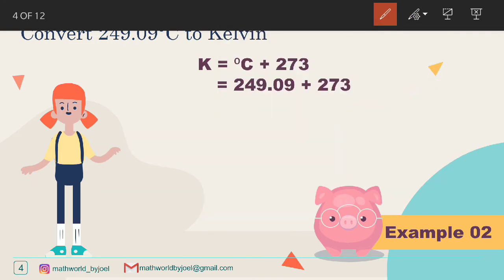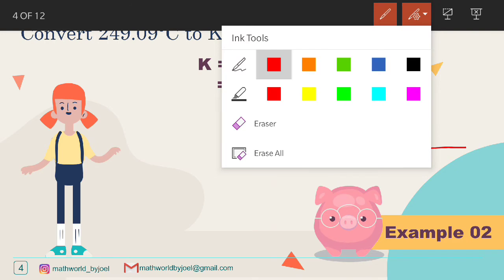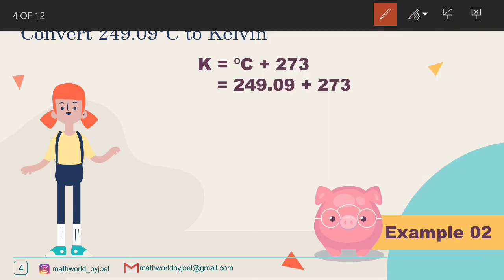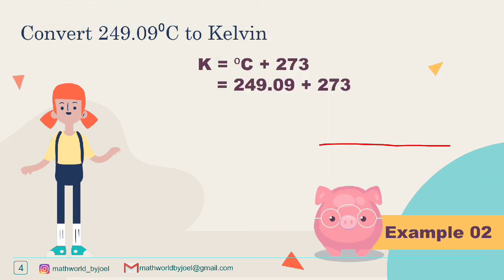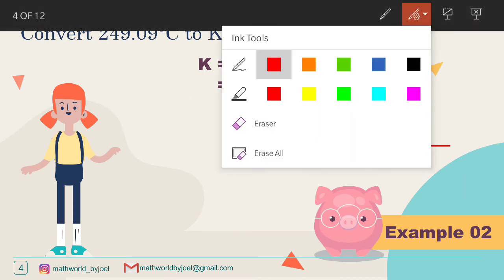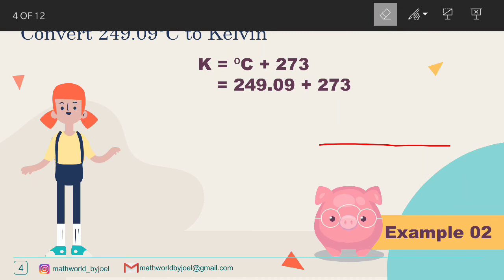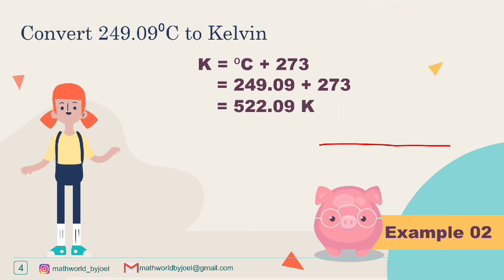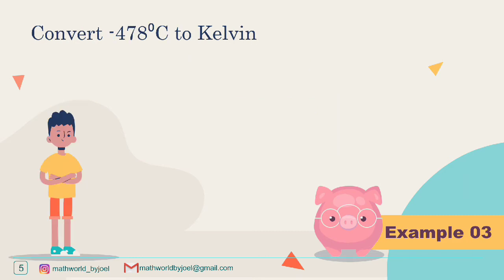Okay, and so after doing the math, and please ignore the sounds because nowadays it's the rain plus the traffic sound also. So 249.09 plus 273 will give you 522.09 degrees Kelvin.